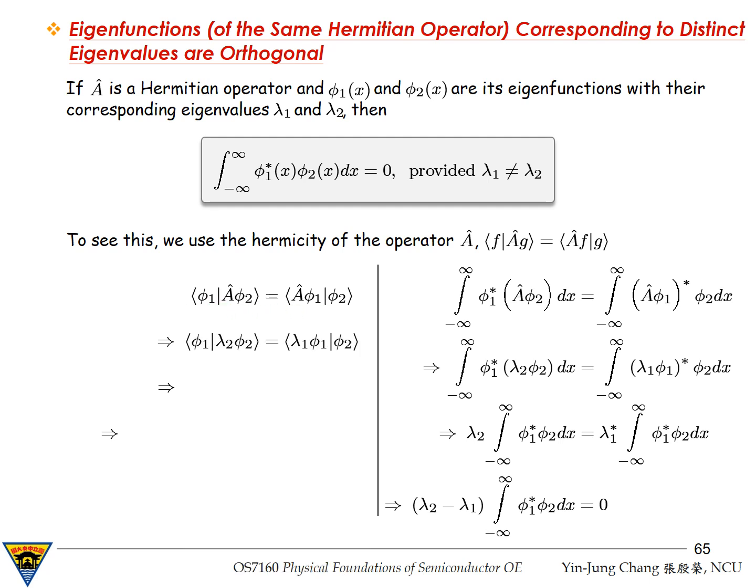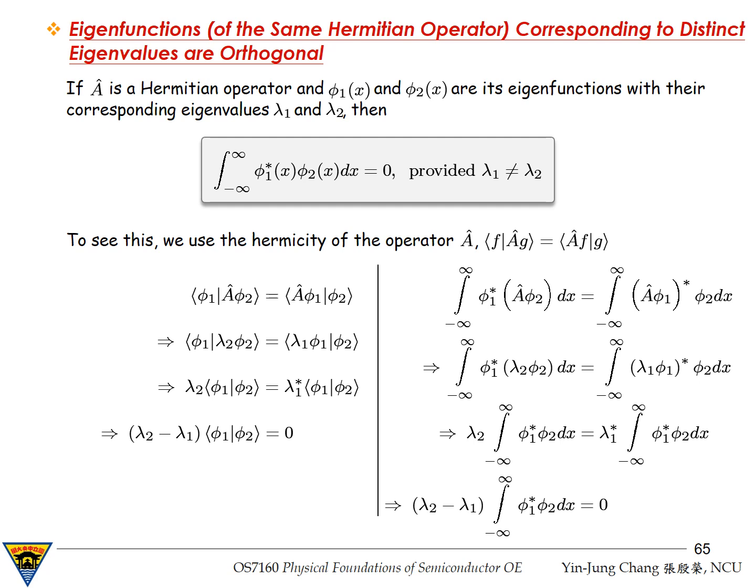Using the eigenvalue equations, where A hat acting on phi 2 is equal to lambda 2 times phi 2, and the operator A hat acting on phi 1 is equal to lambda 1 times phi 1, we obtain the expression shown here, where we have taken lambda 2 and the complex conjugate of lambda 1 outside the inner product. Rearranging terms, we obtain the final result shown here. The corresponding integral form is given right here.